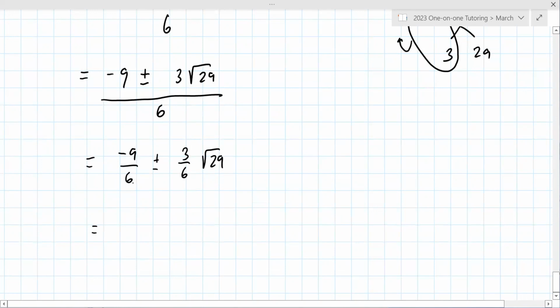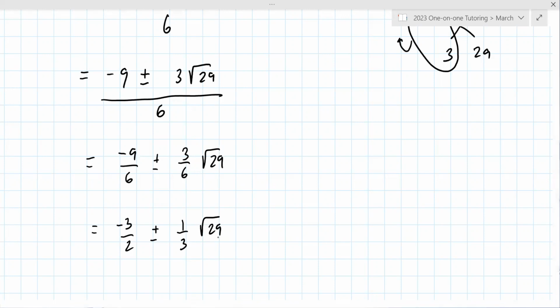The top and bottoms in both of these, the 9 and the 6 are divisible by 3, 3 and 6 are divisible by 3. So this becomes minus 3 over 2 plus or minus 1/3 square root of 29, like that.